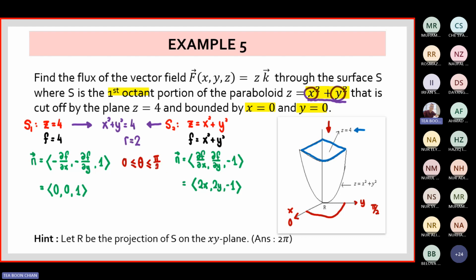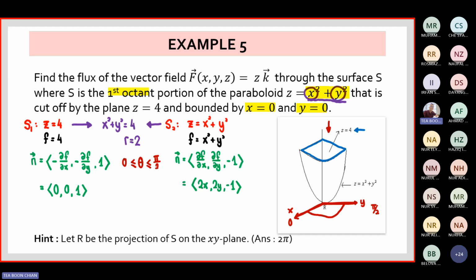No longer full rotation. This is the x equals 0 axis. This is the y equals 0 axis. So this is what I mean by the additional condition. X and y form the circle. If you give another additional equation to x and y, these are the spatial conditions that you need to consider when setting up polar coordinate.